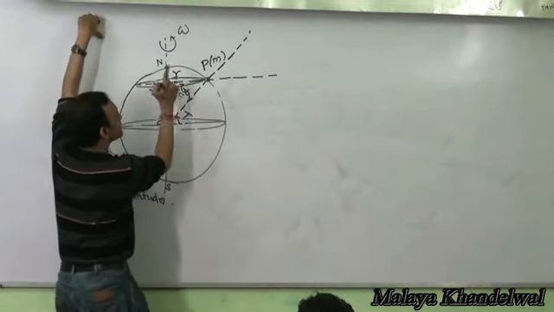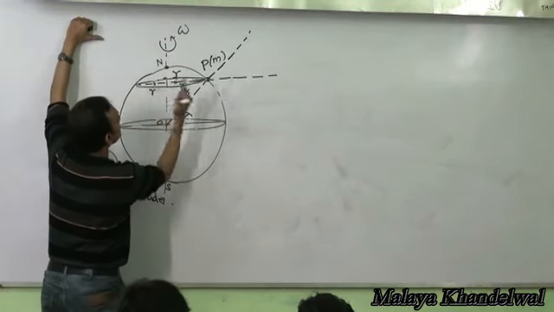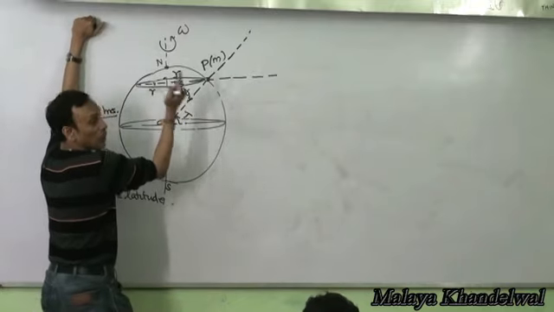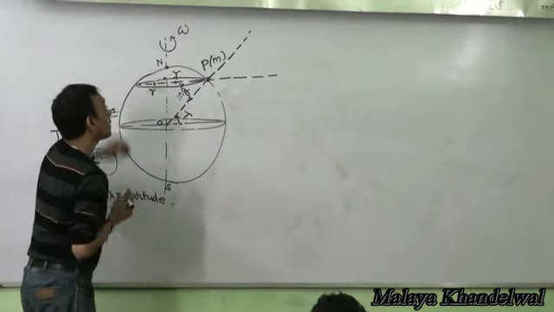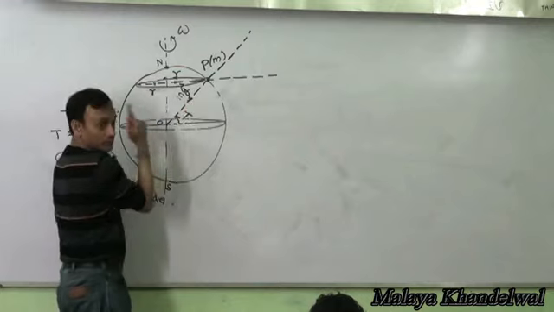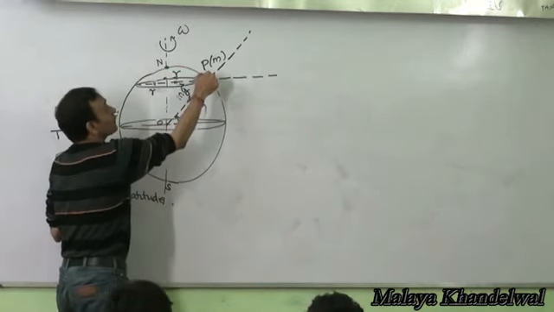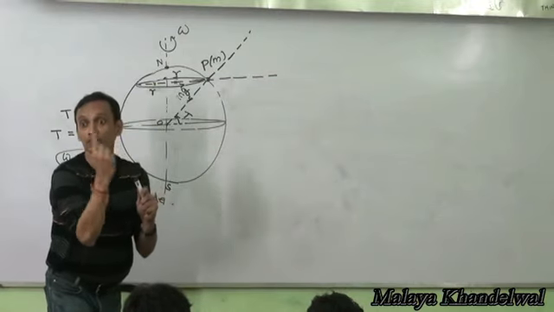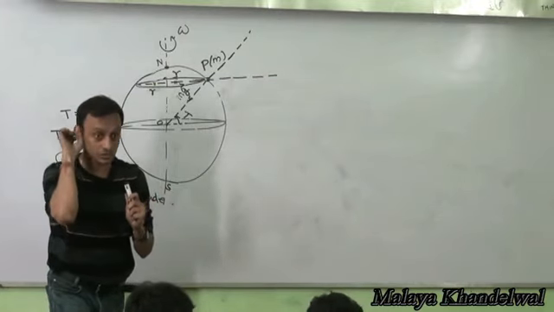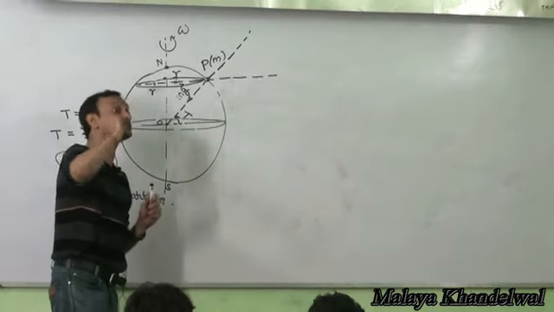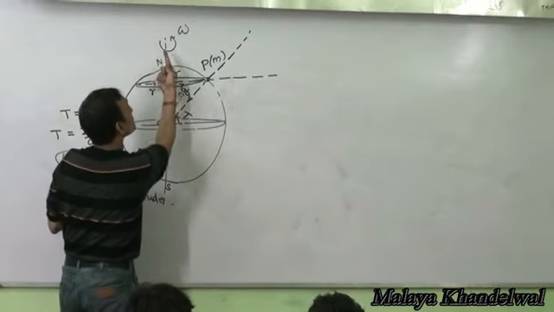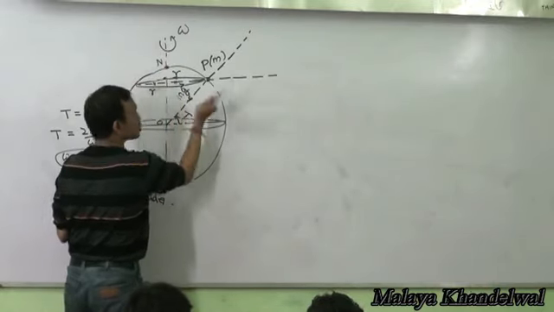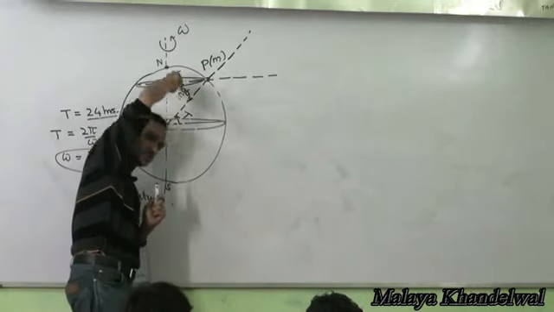And this particular point P, while the earth spins, moves in a circle of radius small r. By the time the Earth completes one full spin, this point P executes one full revolution. That means in the same time, while this describes an angle 2 pi at the center of the sphere, this also describes an angle 2 pi at its own center.